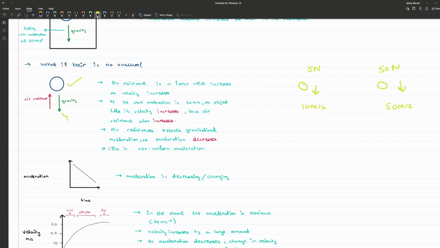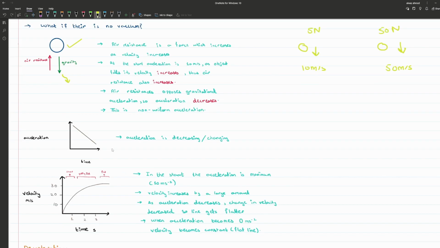Like this green arrow, it shows that the gravity is acting downwards while air resistance will act opposite to it. So overall the force because of gravity is going to start decreasing, and because of that the acceleration on the ball is also going to start decreasing. So due to this, the acceleration will change continuously, it will decrease. Thus this is an example of non-uniform acceleration.